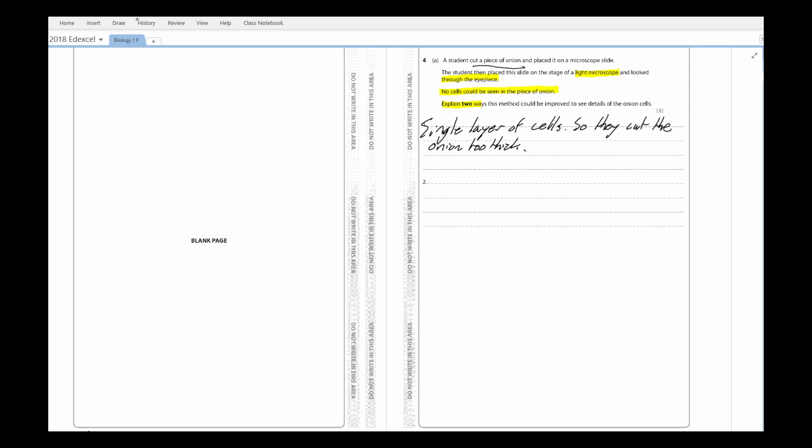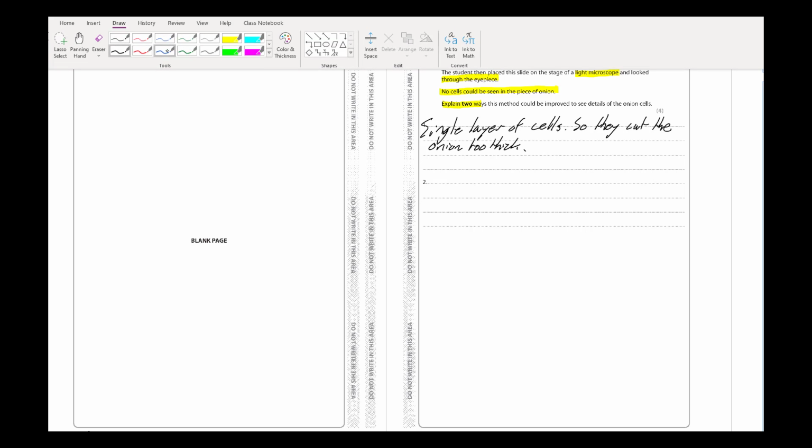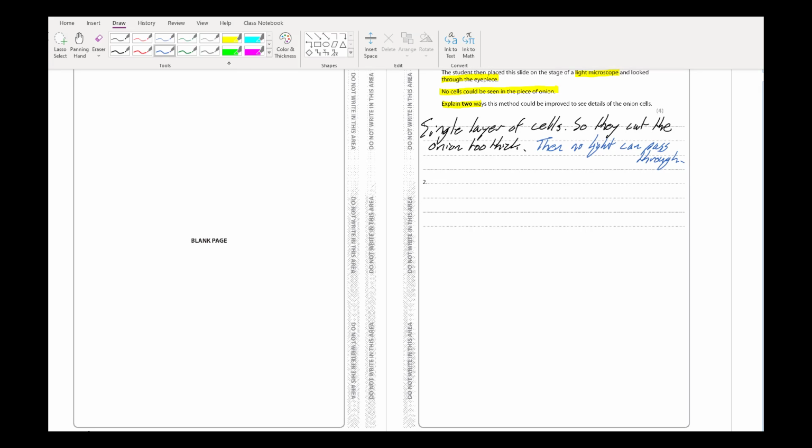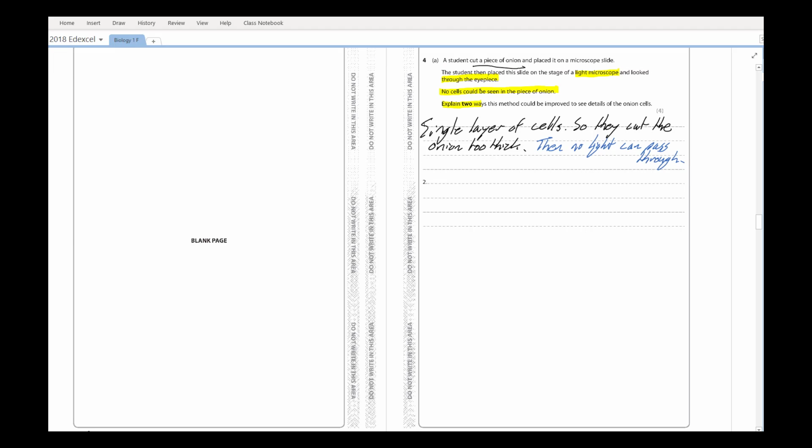The explanation linked to that is if the onion is too thick, then no light can pass through. So the first way is a single layer of cells, and the explanation is that no light can pass through.